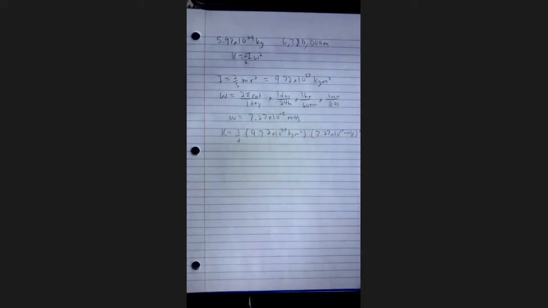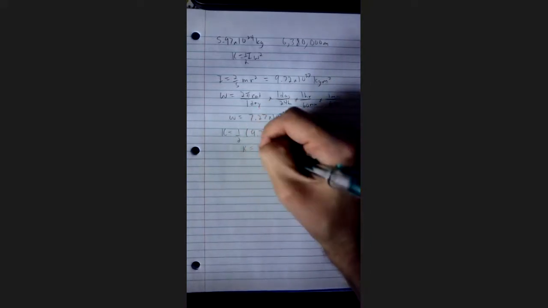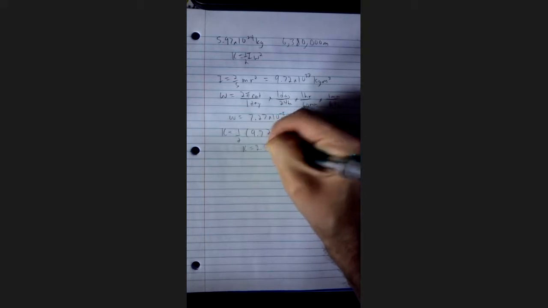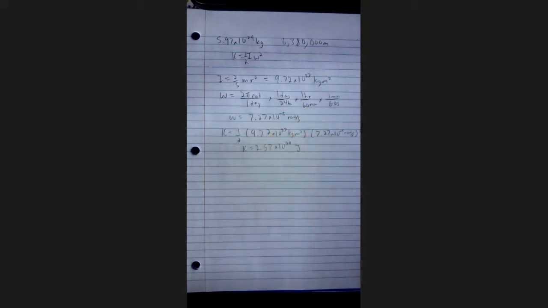So what we end up getting is that our kinetic energy is 2.57 times 10 to the 29 joules. So that's the kinetic energy in the Earth due to its rotation. All right.